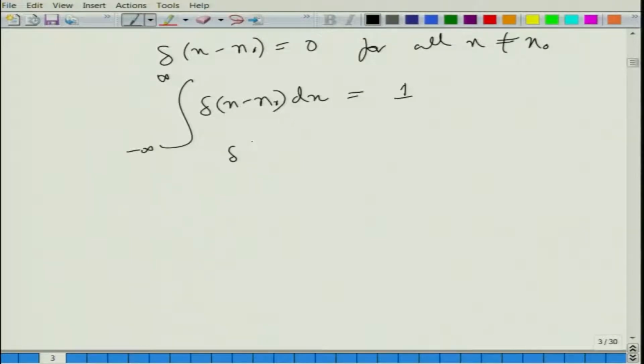That means it is a very, very large quantity exactly at x equal to x naught, where epsilon is tending to 0, so this will kind of blow up.